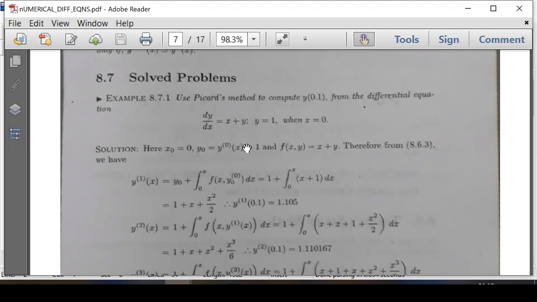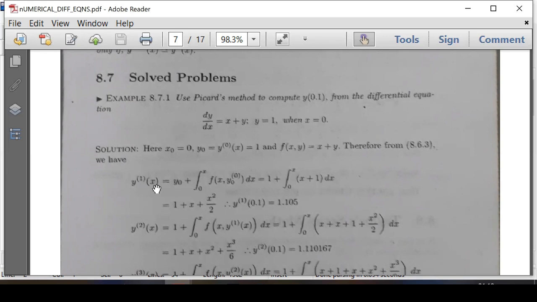So x is 0, y is 1, so it becomes 1 plus the integral of dx. Sorry, 1 plus the integral of x plus 1, because in x plus y, x remains as it is and y is replaced by y0. So you perform the integration and get the first approximation expression.